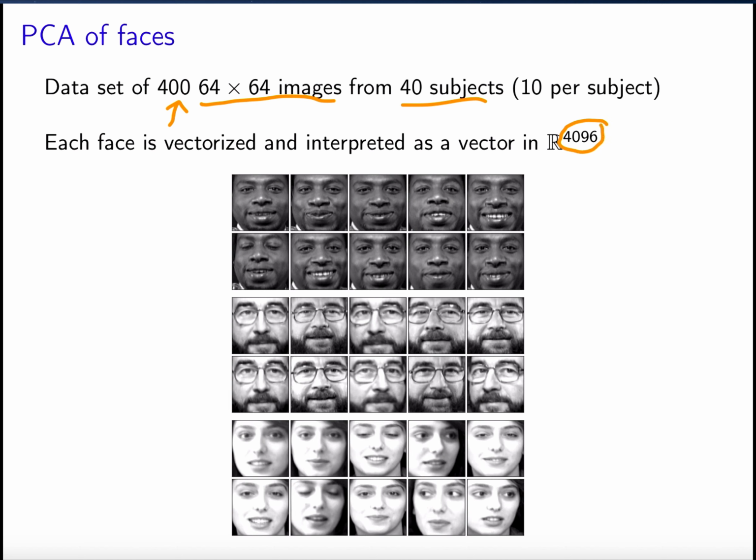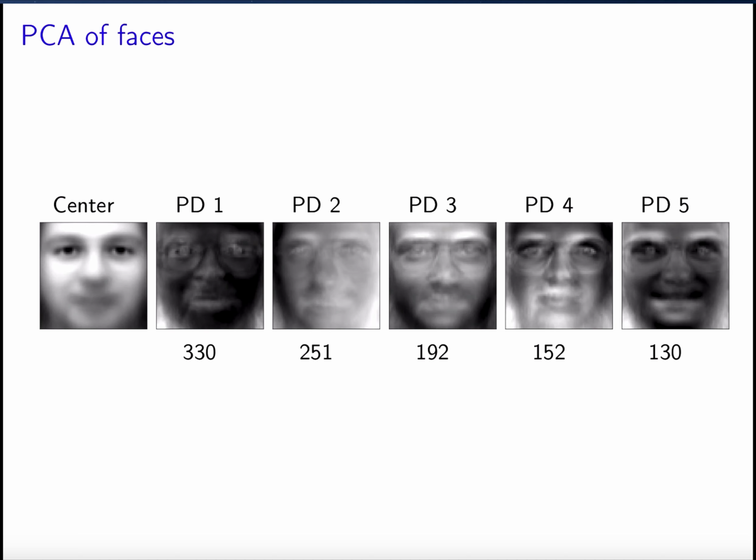Here we're going to treat each image as a vector containing its pixels. And we're going to compute PCA to find the directions of higher variance, which we're going to be able to display again as an image, because these directions are vectors that have that number of pixels.